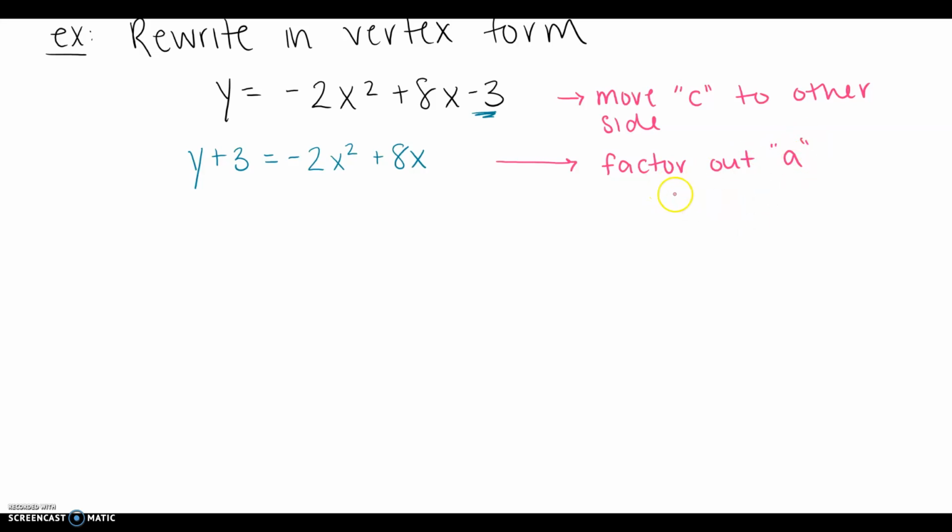That way we're left with a times x squared plus whatever b divided by a is. So in the actual problem, that's going to be that negative 2, so we have y plus 3 equals negative 2 times x squared, and 8 divided by negative 2 is negative 4x.